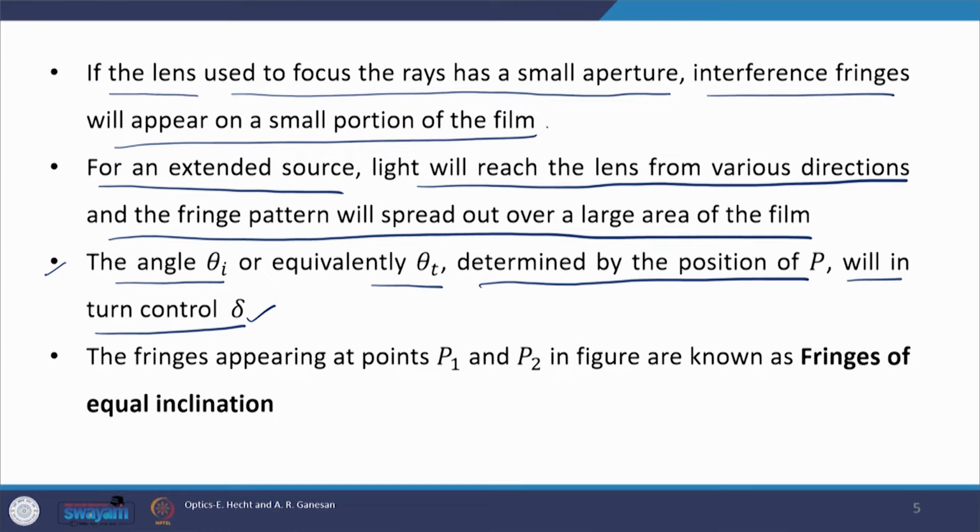The fringes appearing at points P1 and P2 in the figure are known as fringes of equal inclination. Why? Because the rays which subtend the same angle with respect to the normal at the point of incidence are converging to the same point.